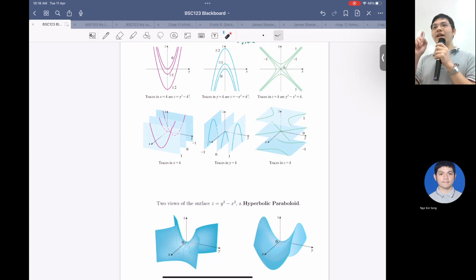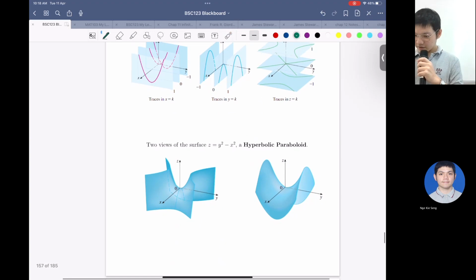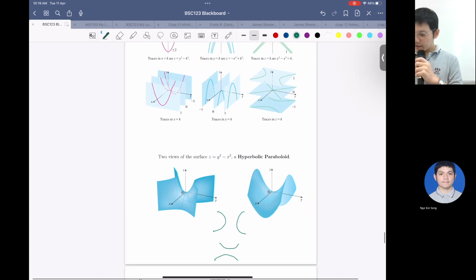Hey, there's an interesting way to think about this picture. This is an interesting picture, related to what I researched on. So how to think of this? You can think of these two hyperbolas here, it's exactly this z here.